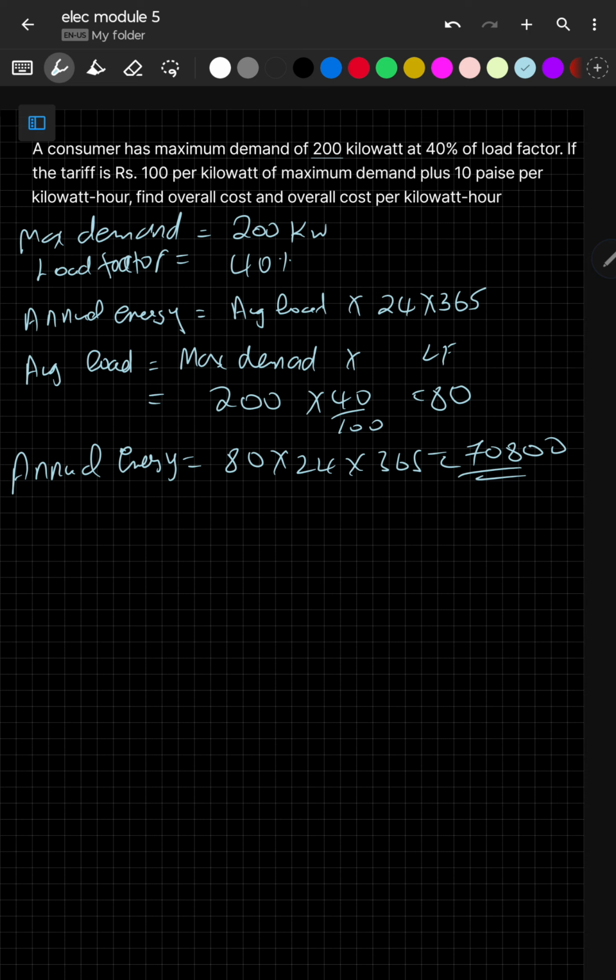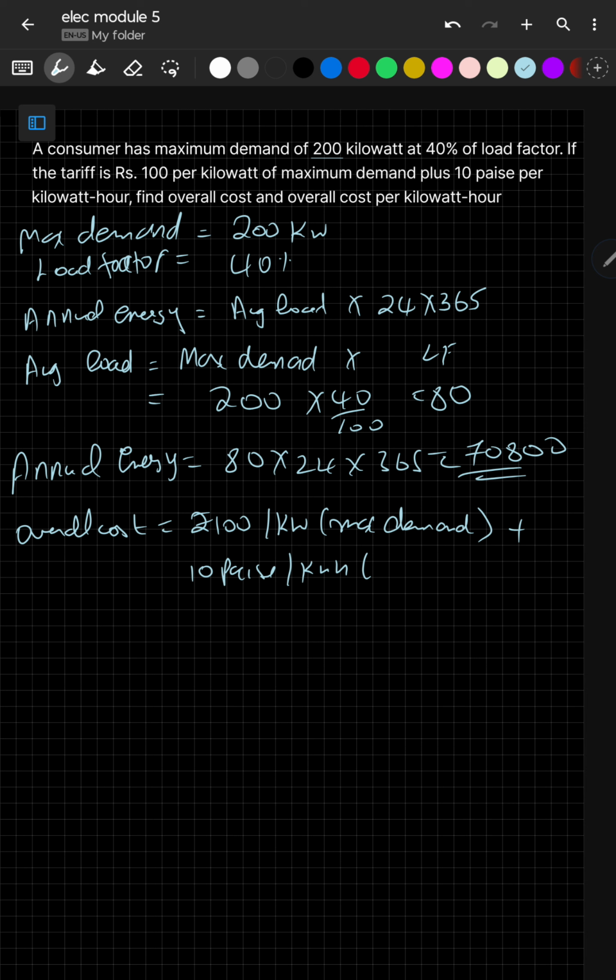Now we can solve. Overall cost is equals to rupees 100 per kilowatt of maximum demand plus 10 paise per kilowatt hour of, they are not given but it's understood, kilowatt hour only one unit is there, that is of annual energy. Got it?